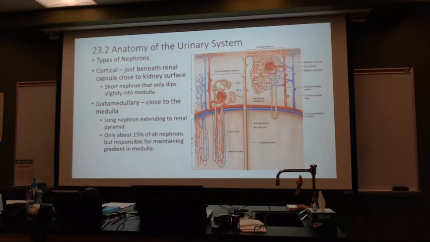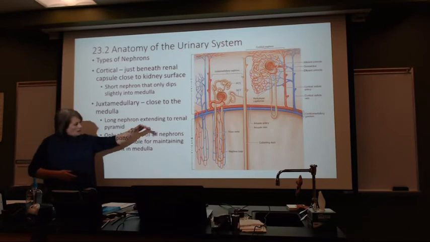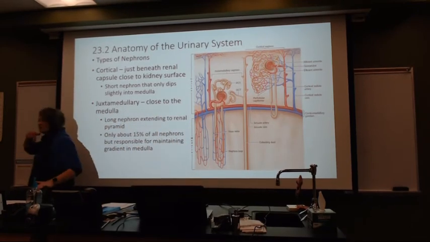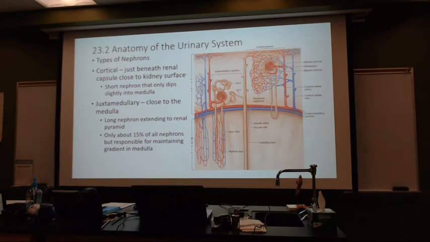So, if this portion can be salty, water likes to go from an area of what to what? Water wants to go from the area of high concentration to low.